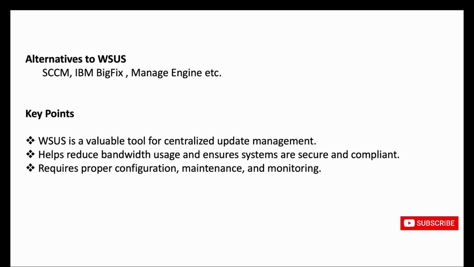Okay, we'll try to demonstrate what WSUS is, how it works, and in the practical session how we can install it on a Windows machine. I wanted to tell you that if you install WSUS on a Windows machine, then you should have domain connectivity for easy working.